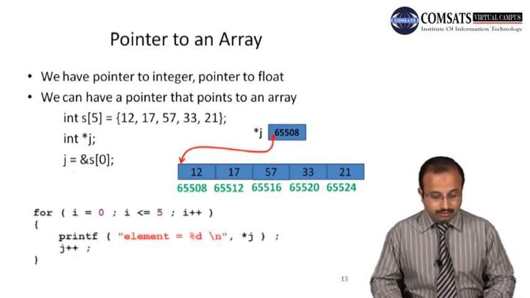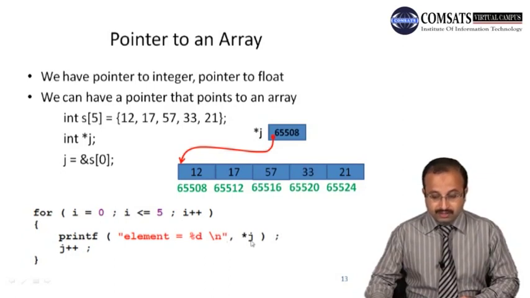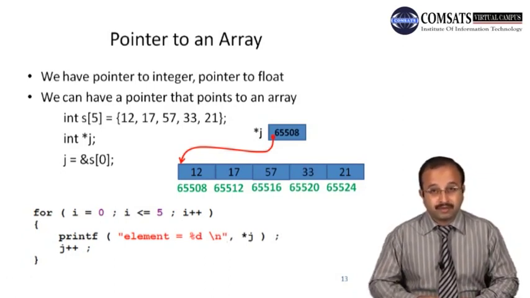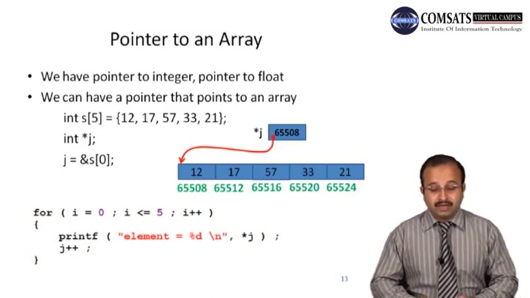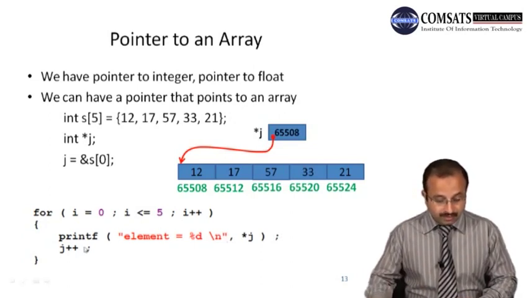Now we can use a for loop here, and we can print the value of the array element. So when the value of i is 0, star j will print 12 because star j is star 65508. Star 65508 means the value at address 65508, and that value is 12. And then j will be incremented. Since j is an integer pointer, the increment of 4 will be performed.